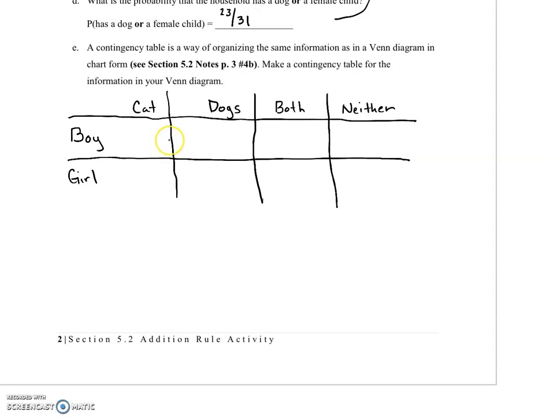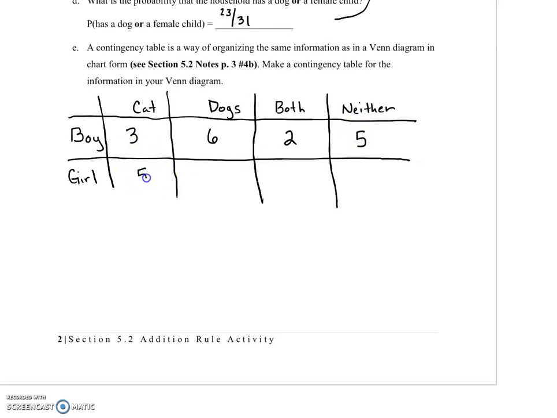Okay, so if we just count, we have 3 households with cats and a boy child, 6 households with dogs and a boy child, 2 households with both, and 5 households with neither for the boys.